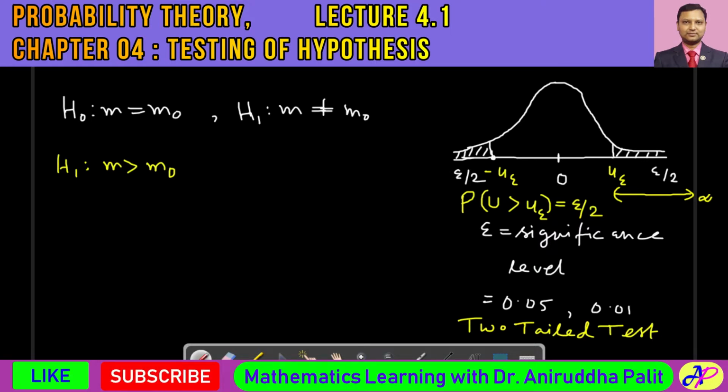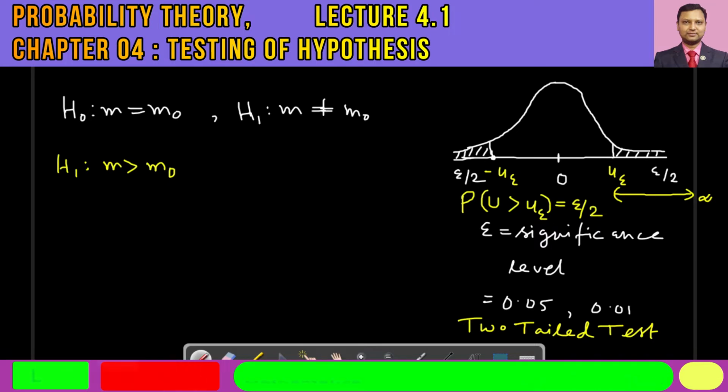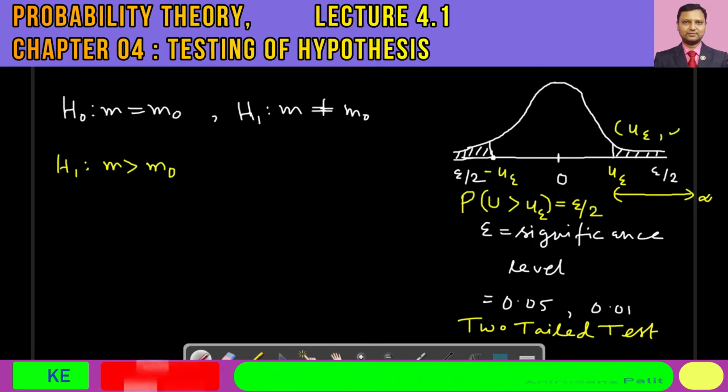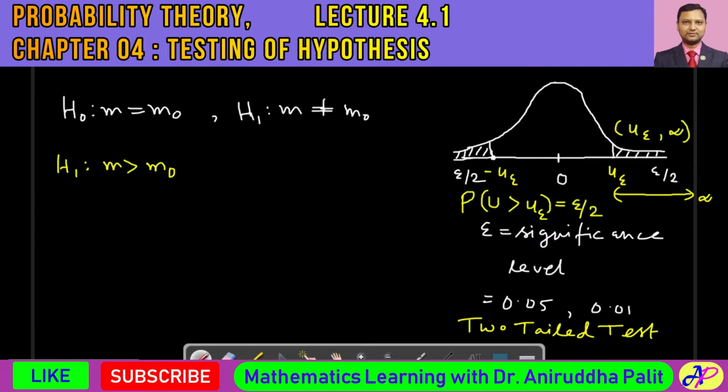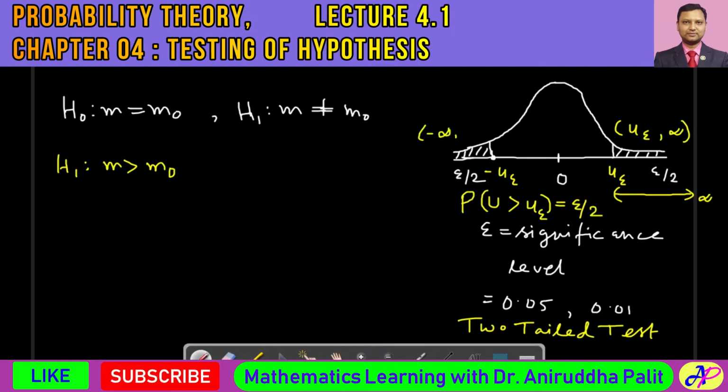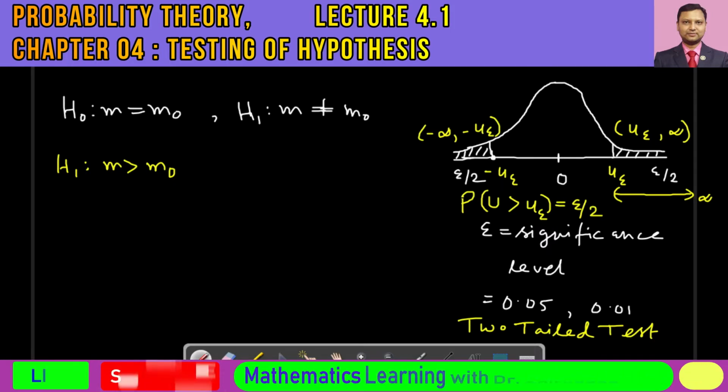And how to write this critical region? You see, this critical region extends from u epsilon to infinity, and on the left hand side the critical region extends from minus infinity to minus u epsilon. And u epsilon is to be determined by this type of inequality. So what would be the critical region W?